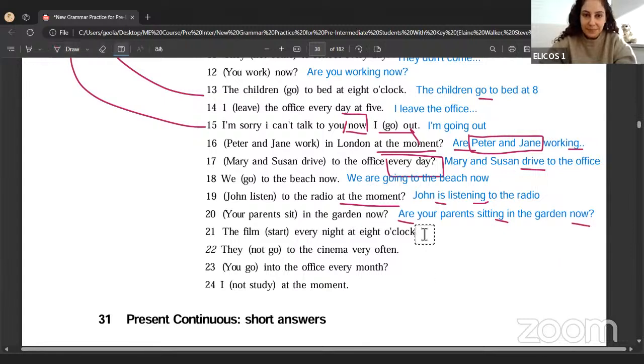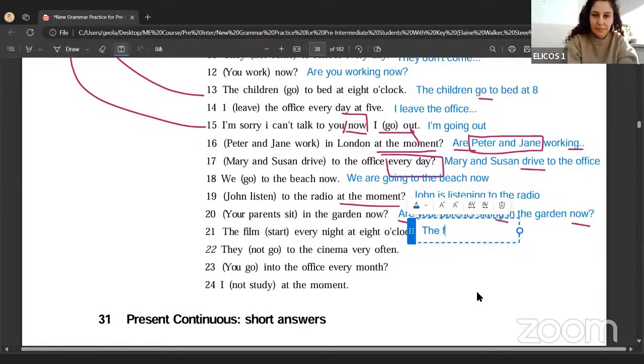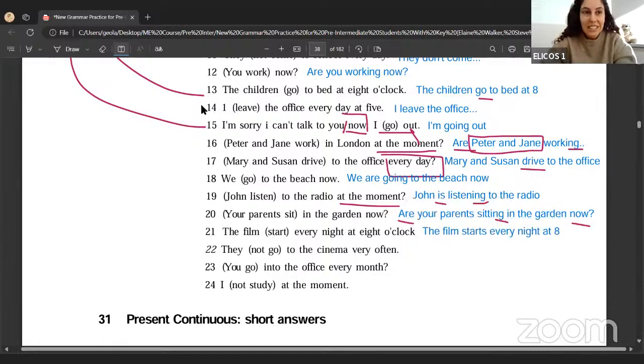21. Start every night at 8 o'clock. Good. It's a simple because we know it says every night. And yes, when the subject is he, she, or it, we know the film is it. It starts. So we need to add the S here. So it starts every night at 8. 22.